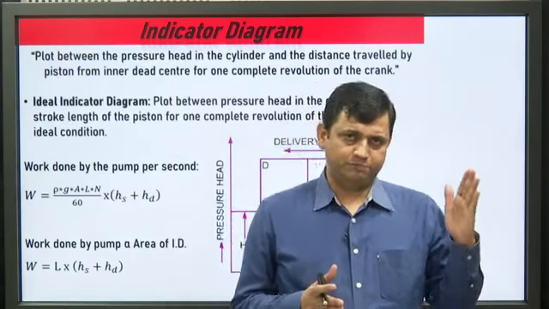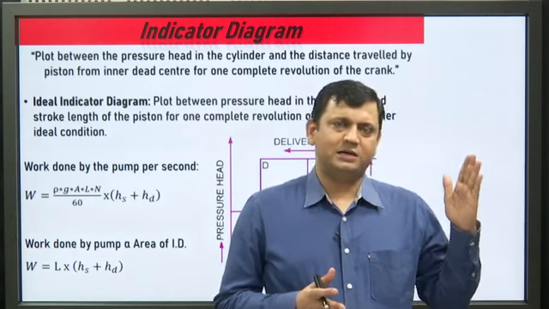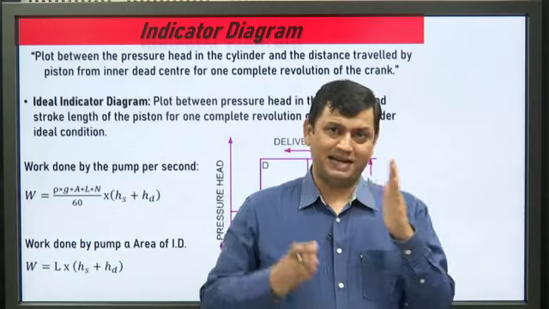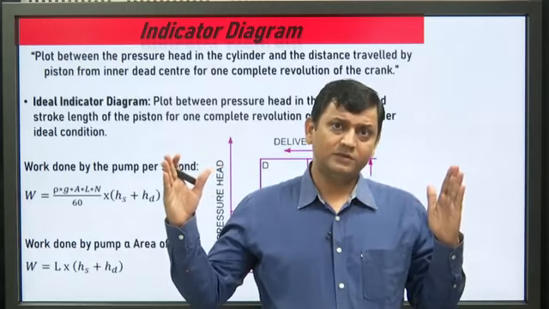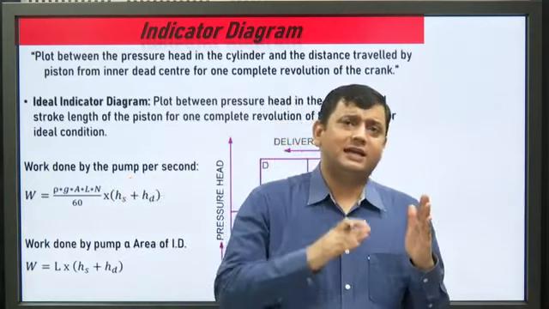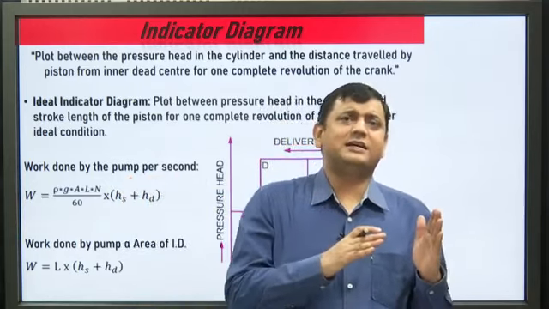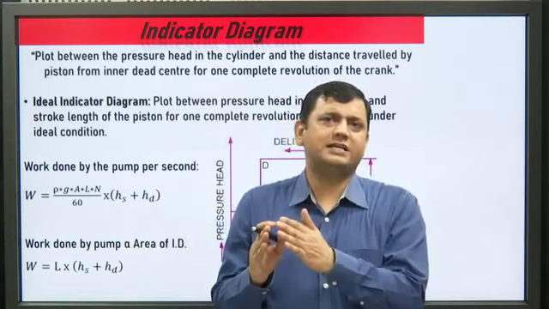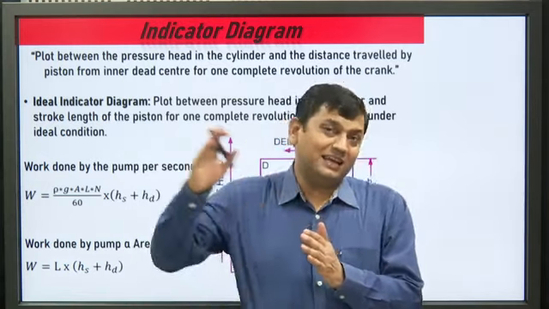Ultimately we discussed that in case of a reciprocating pump, when the piston is at the initial position the velocity is 0, in the middle it is maximum, and at the end of stroke velocity is again 0. So there is some acceleration and retardation. In the first case, 0 to 90, acceleration, then retardation.